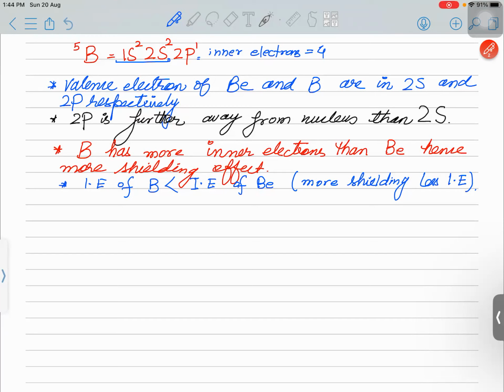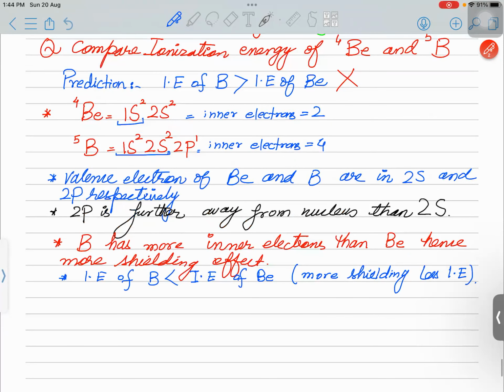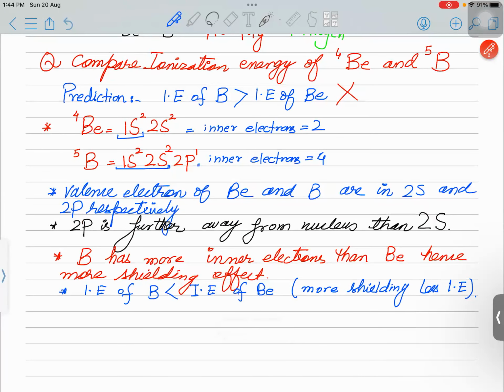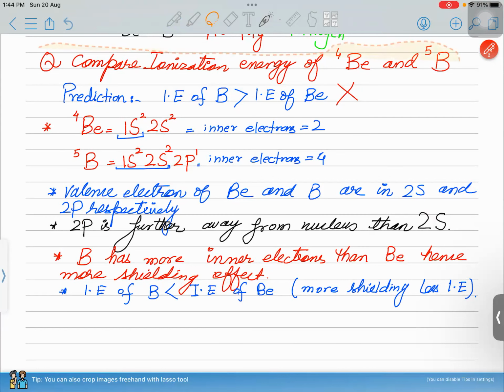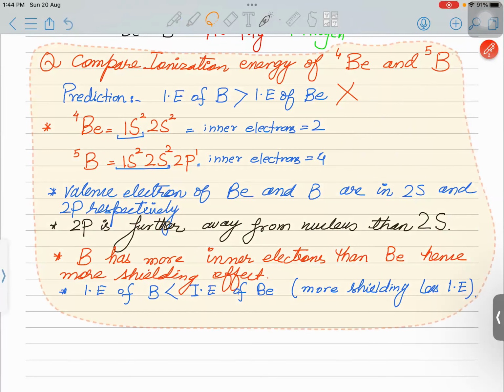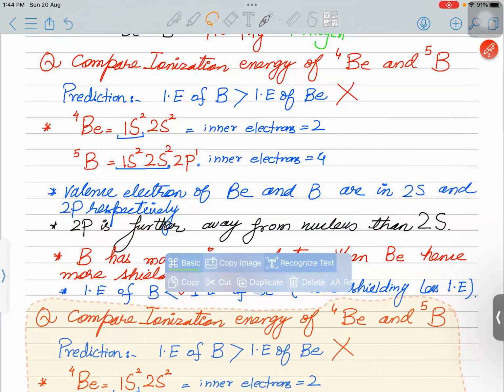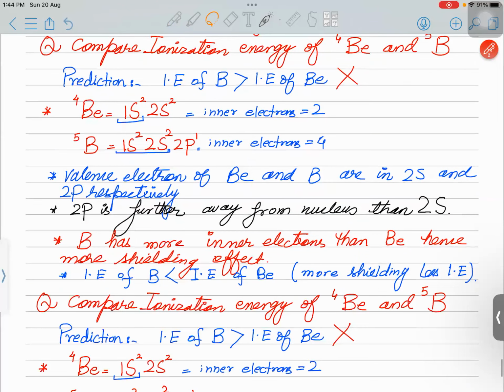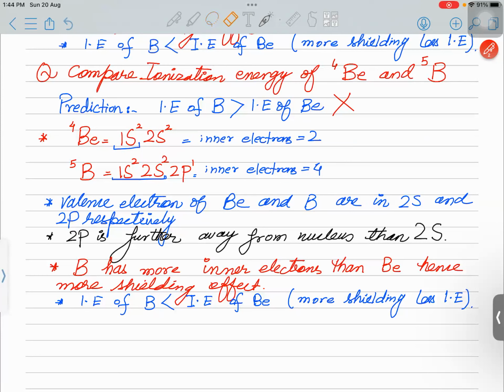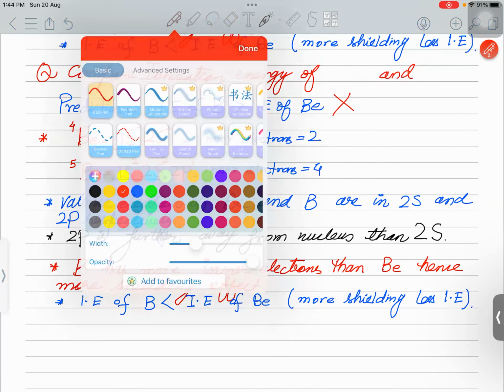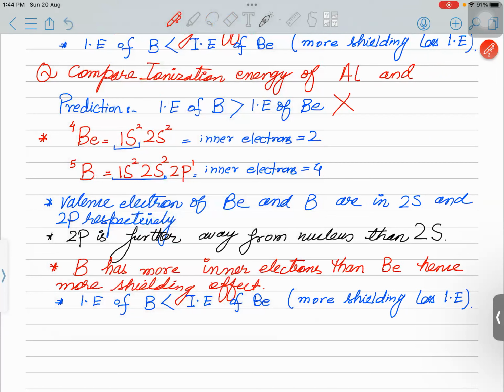Now question number 2. Compare the ionization energy of aluminum and magnesium. Aluminum is 13, magnesium is 12.